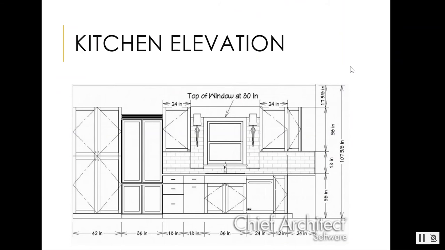Now, kitchen elevations are very unique. I've said this before, but I will repeat it. Kitchens are the only thing that we dimension in inches only. Kitchen cabinet designers and kitchen designers dimension in inches only.